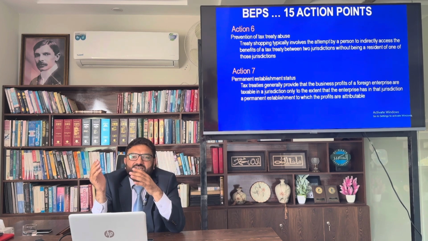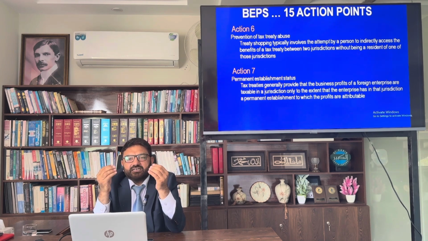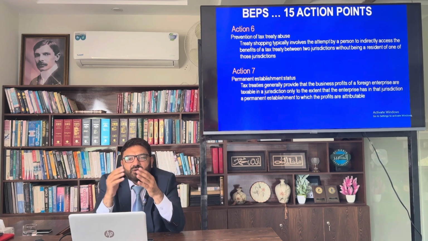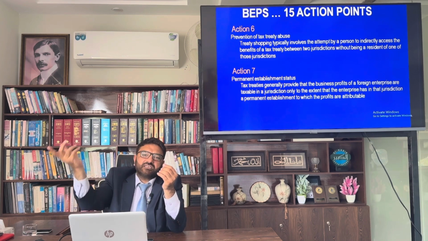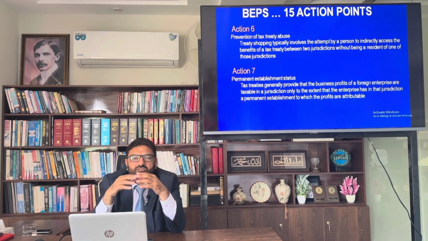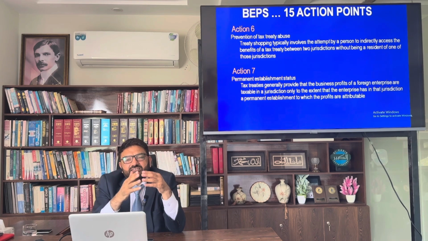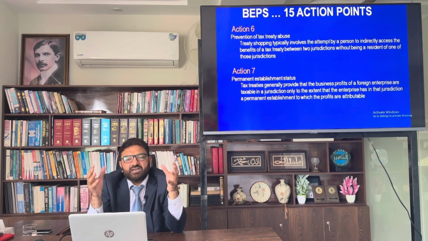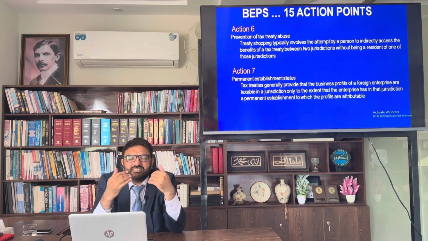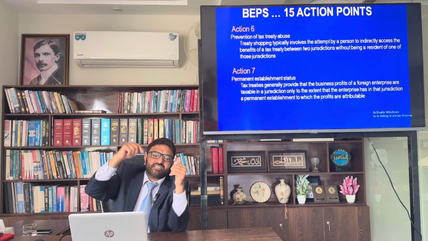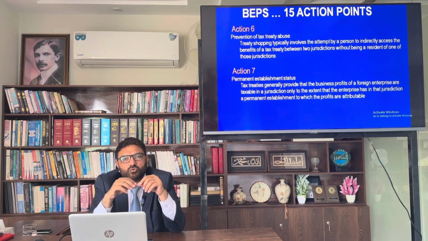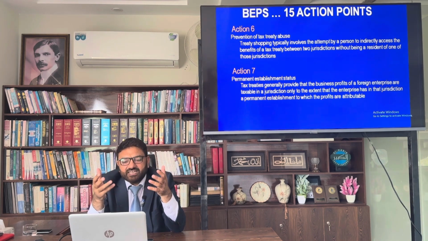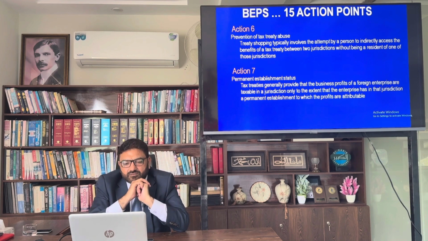Like if there is an exemption in the taxation between two countries, like China and Pakistan, maybe the Chinese company is exempt from taxes. A company from another country, like a US or Japanese company, establishes its office in China, so that, under the tax treaty, the tax is exempt in both countries, but the company is basically resident in the US, and they establish in China to avail the benefit of tax avoidance. That is point 6.